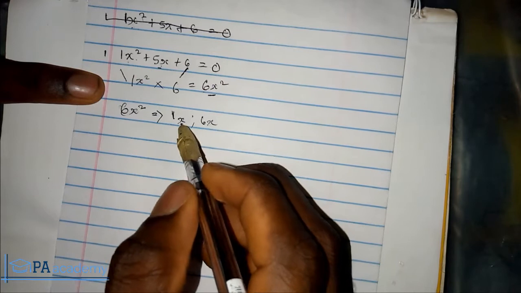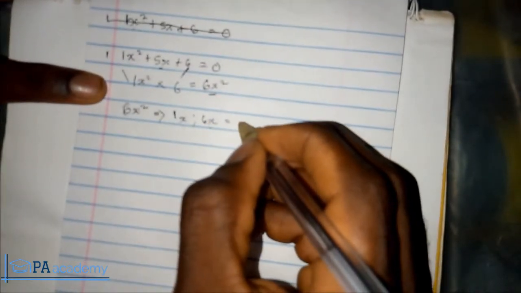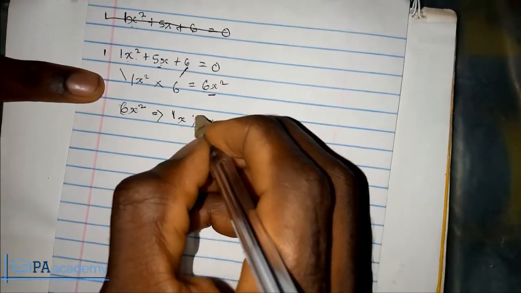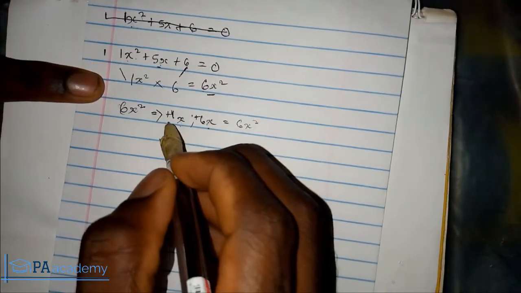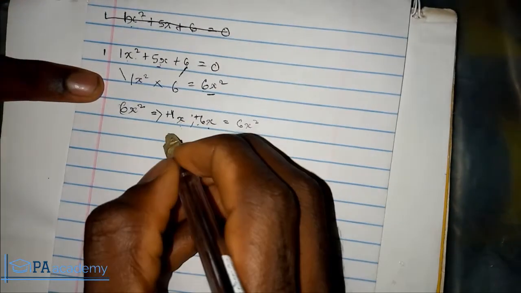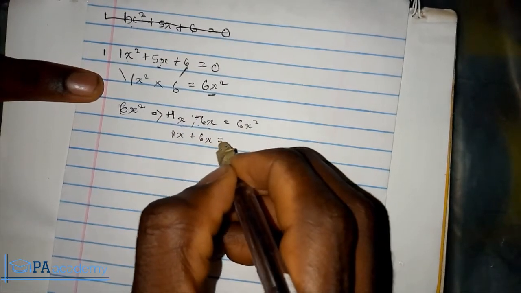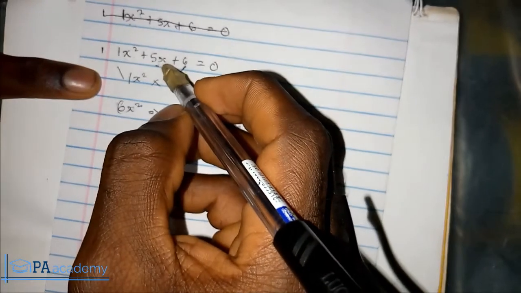If you multiply it, 1x times 6x, that will give us 6x squared. So we have plus 1x and plus 6x. But if we add 1x plus 6x, it will give us 7x. So that means we can't use this because it's not giving us 5x.